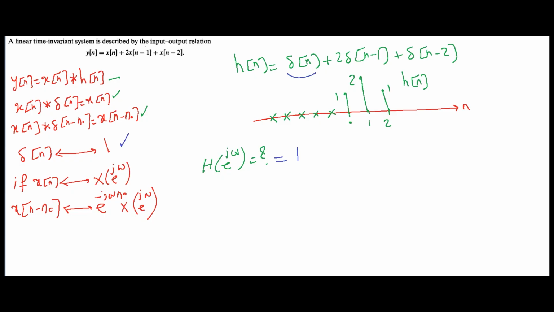The transform of delta[n] is 1. The transform of 2 delta[n-1] becomes 2 e to the power of minus j omega.